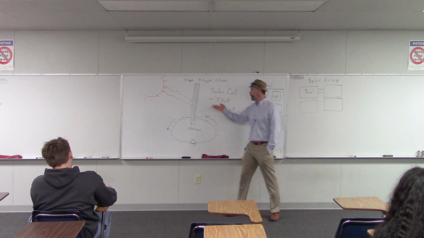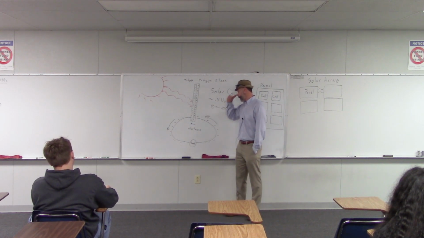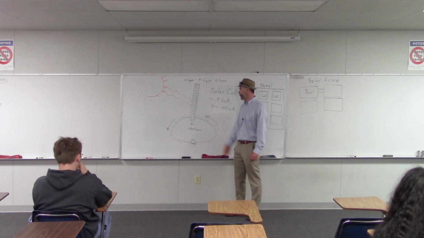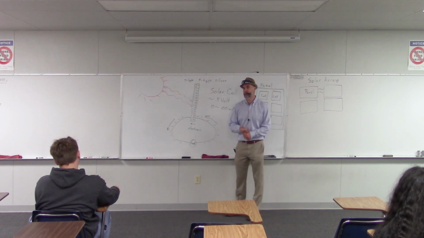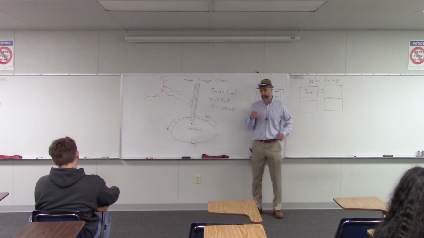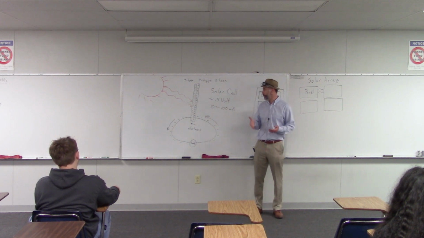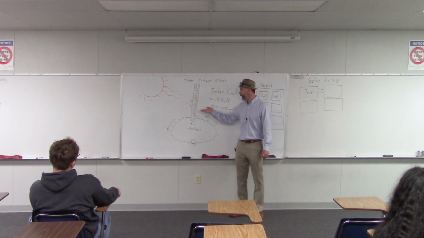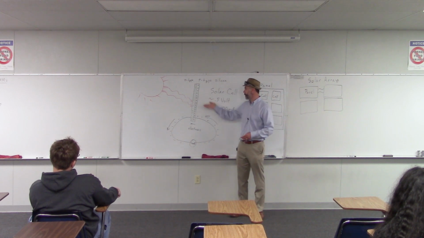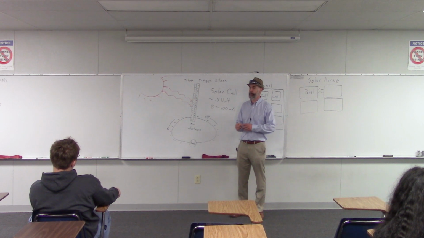So this is kind of the standard, most common type of solar cell, made with these different types of silicon. But a lot of research is being done these days because solar panels and solar cells just aren't that efficient. Even the best versions of this kind in ideal conditions are maybe 10 or 15% efficient.